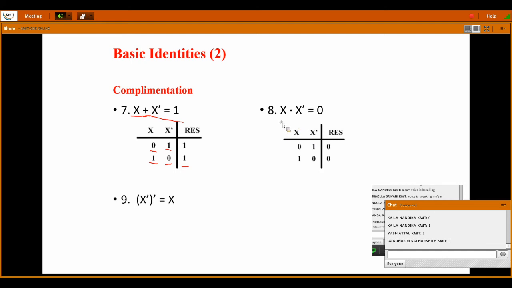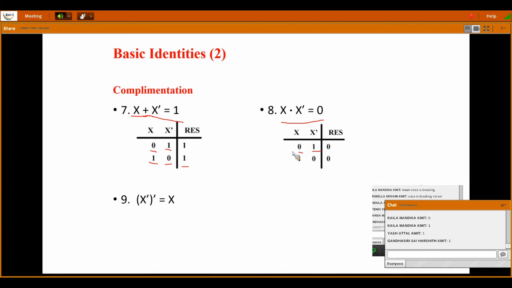Similarly, the opposite one, the AND operation: x dot x bar is equal to 0. Take an example for x as 0. Then x bar will be 1. Now the AND operation between x and x bar, 0 and 1. You need to call it AND or OR only; you should not call it plus or multiplication.